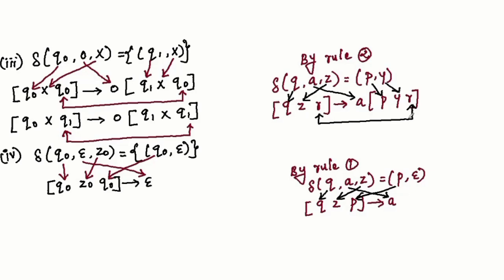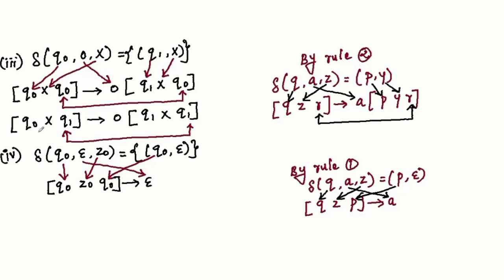Then the context-free grammar is going to be [qZr] tends to a [pYr]. In the given format, we frame the production [Q0 X R] tends to 0 [Q1 X R].